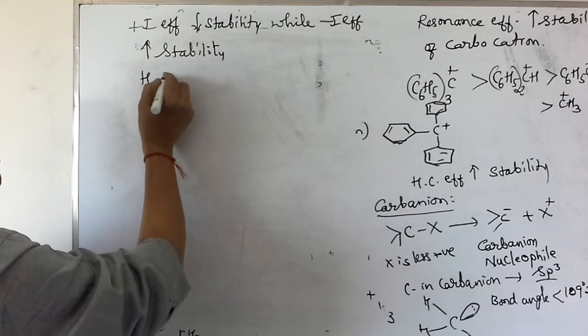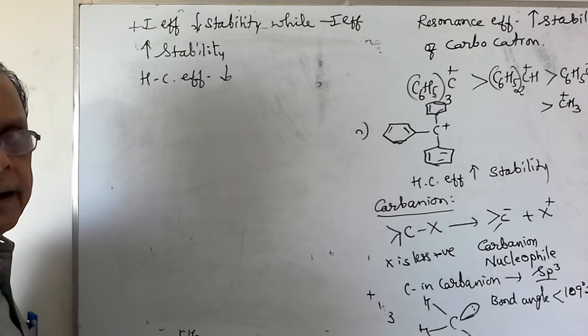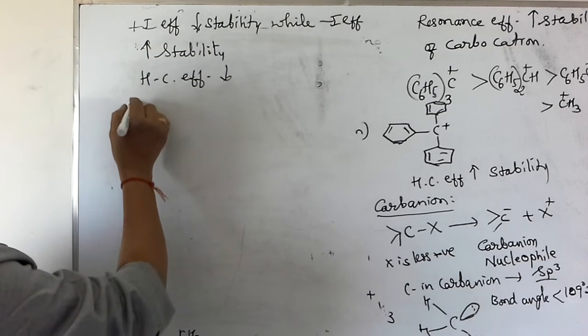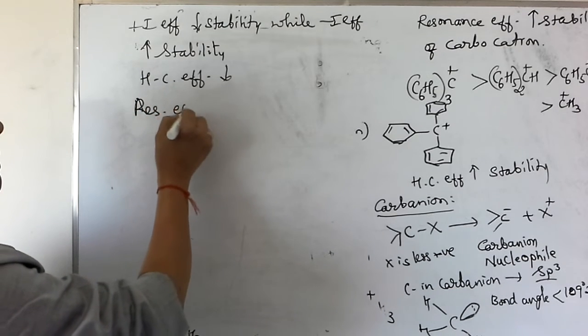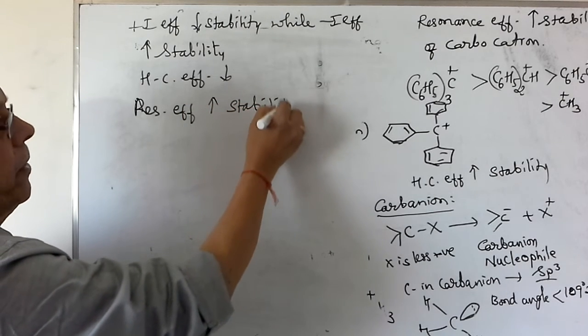Similarly, the hyperconjugation effect will decrease the stability. But the resonance effect will increase the stability of the carbanion.